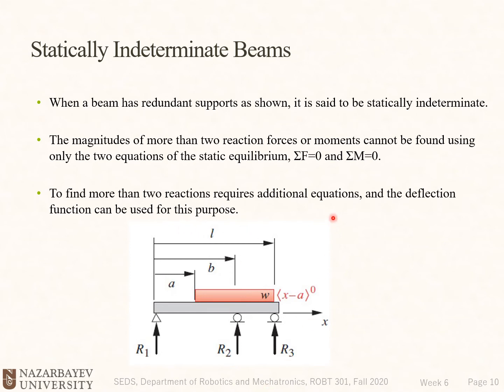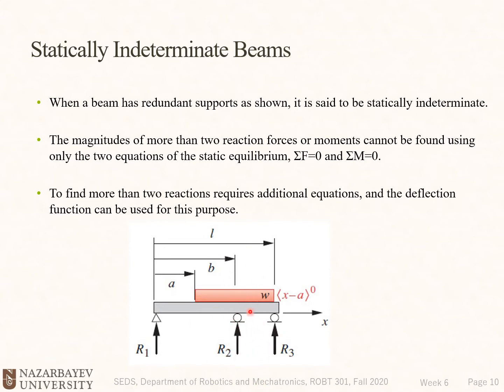So still we need to use sigma f and sigma m equal to 0 functions, but we need to find an extra equation, and that extra equation will be that, for example, here deflection is equal to 0 in the extra support.